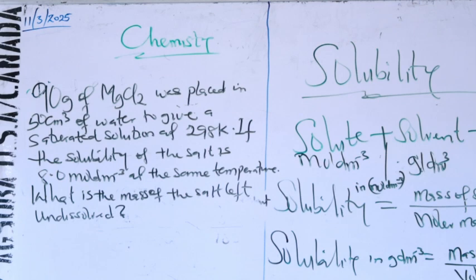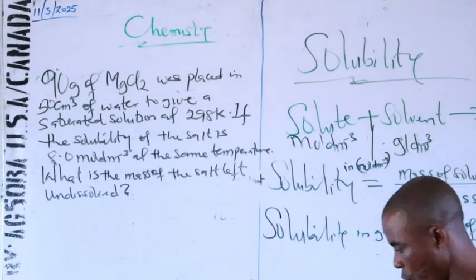If the solubility of the salt is 8.0 mole per decimeter cube at the same temperature, what is the mass of the salt left undissolved?